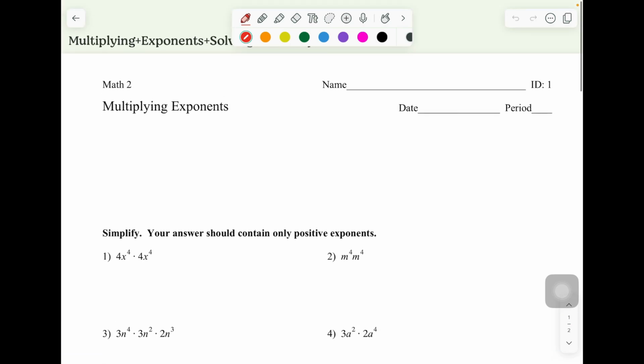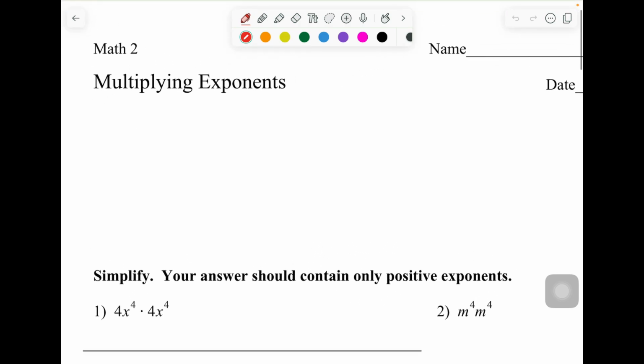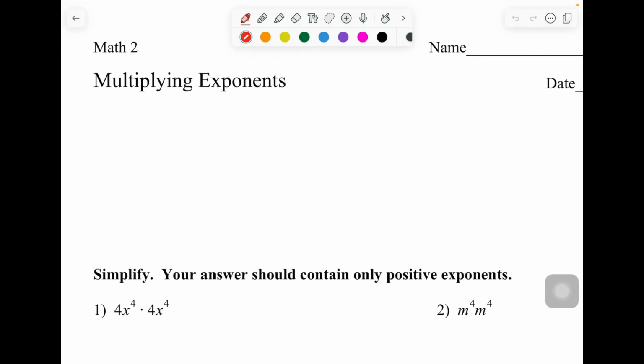Okay, so multiplying exponents. Exponents are just telling you how many of the base there are, right? So if we start with 3 squared, that means there are 3 threes, right? 3 squared means 3 times 3.